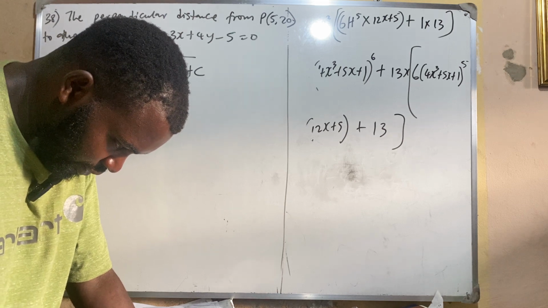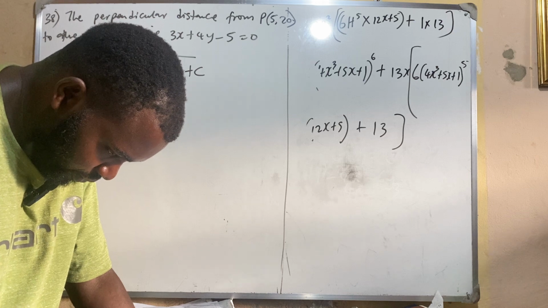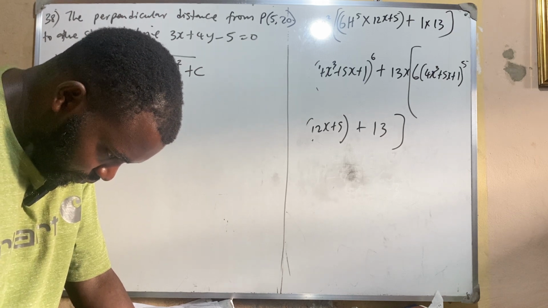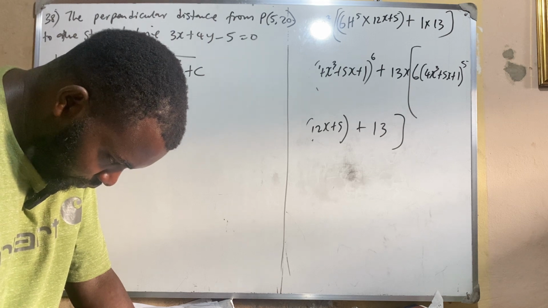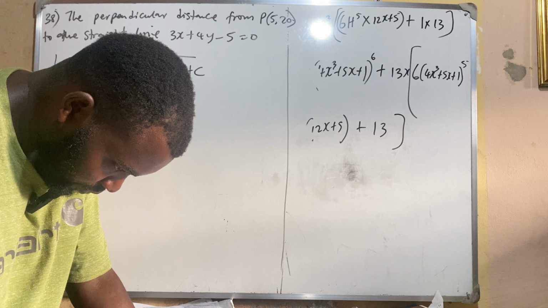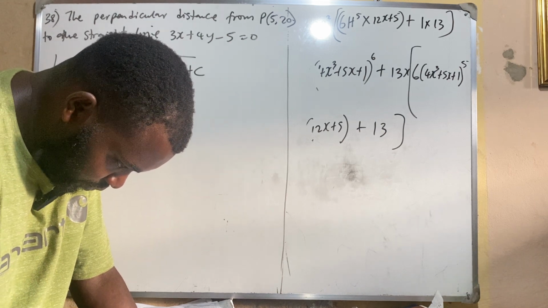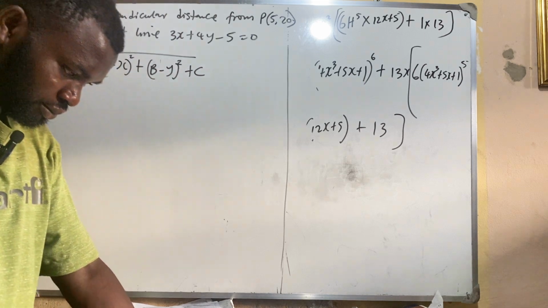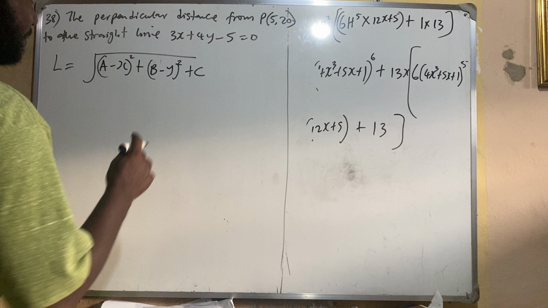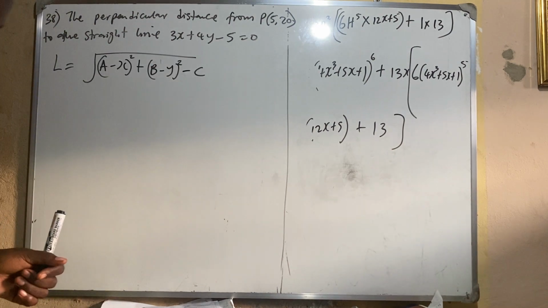Perpendicular distance between a point and the line. Yes, but it's minus, I think it's minus c.